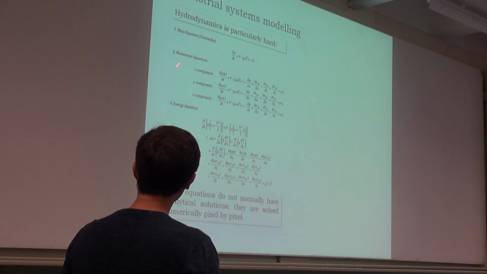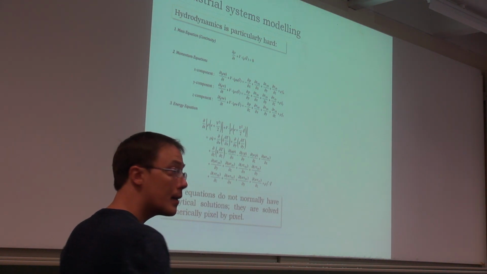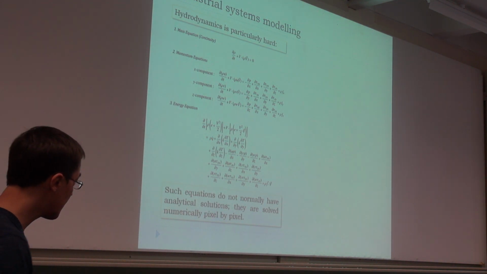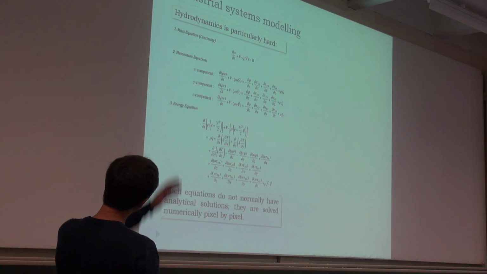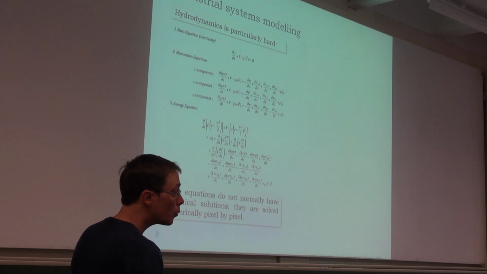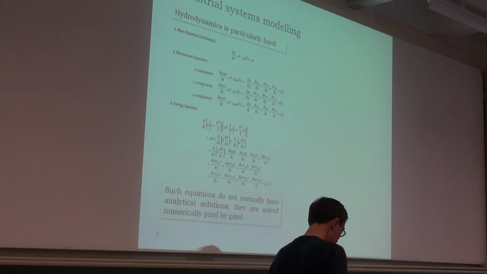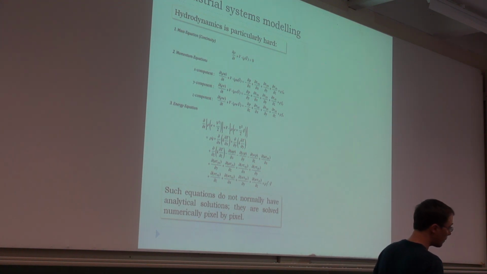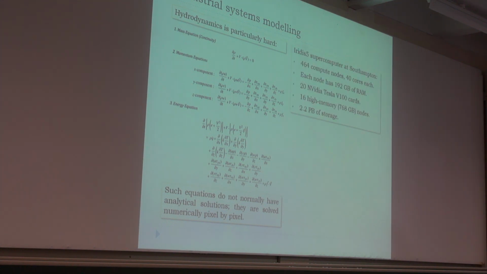There will be various angular momentum equations, how the body rotates, and there will be the energy balance. Obviously, if there's a chemical reaction, it might consume or produce energy, and you've got this horrible set of three-dimensional equations. They will not normally have analytical solutions, except in the simplest possible cases. You solve them on a computer, pixel by pixel, using numerical methods, and numerical methods of solving such things is one of the lectures in this course.